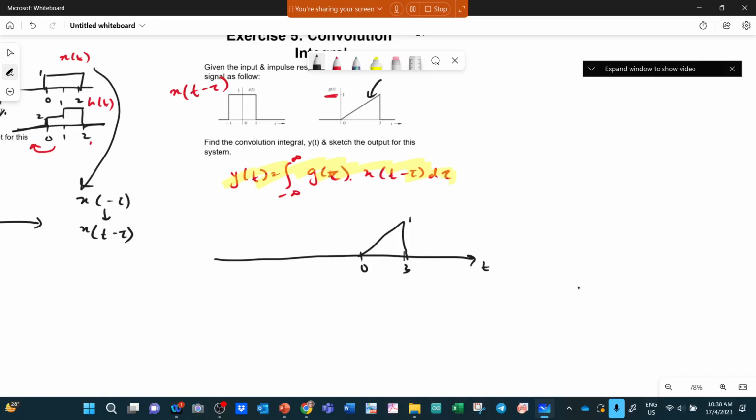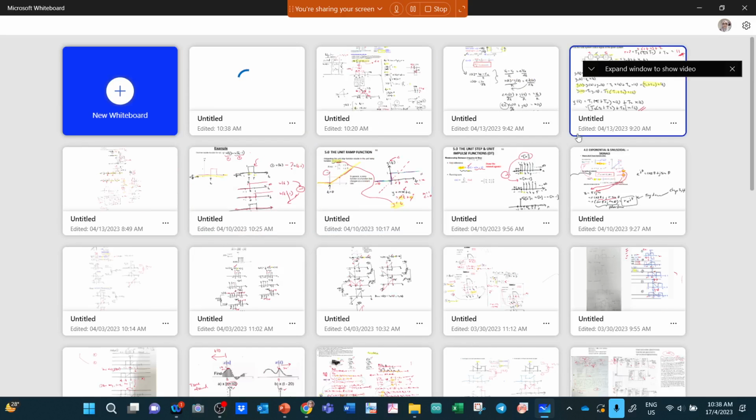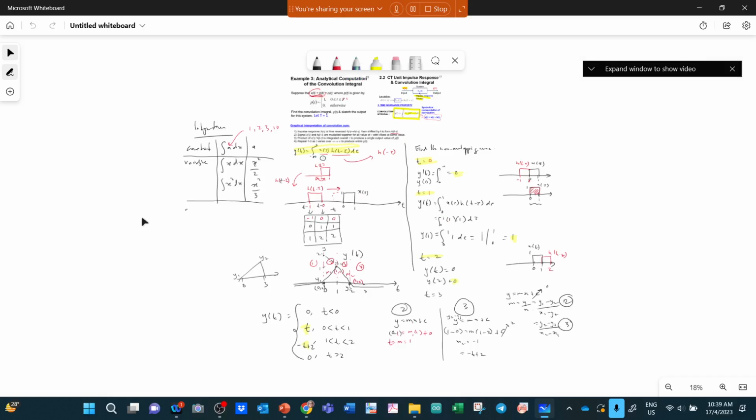So you need to get it in the form y equals mx plus c. Remember just now in the one that I showed you, kejap, yang ini tadi.